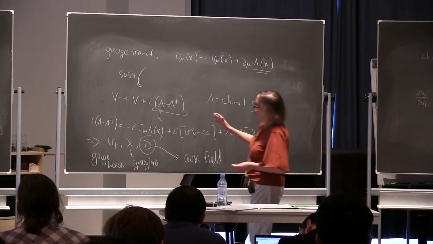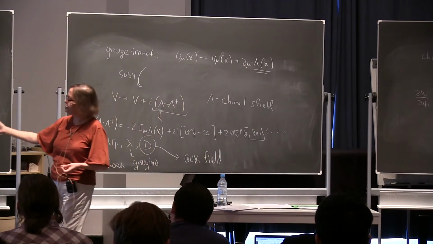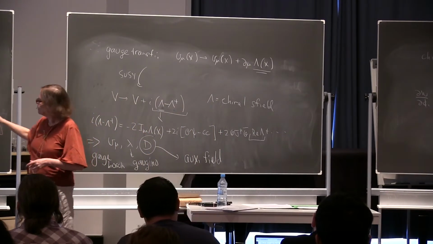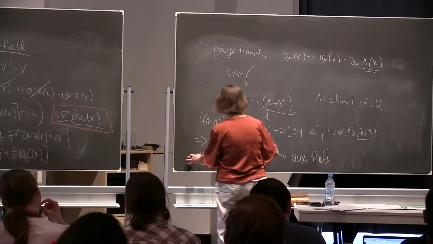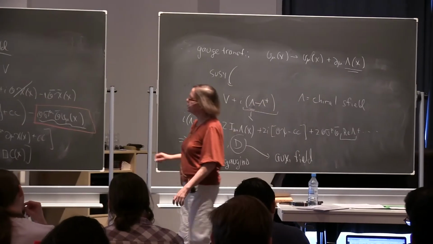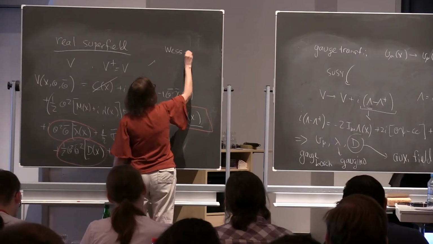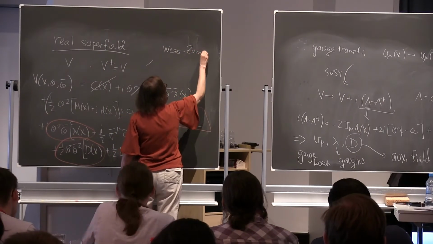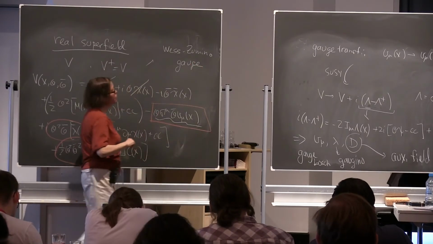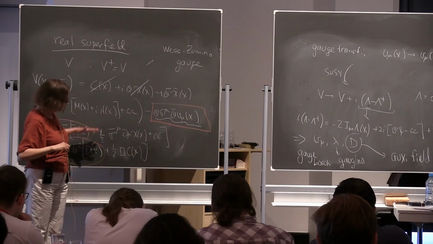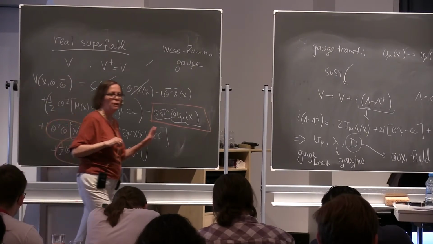So doing this super gauge transformation, we eliminated a lot of the unphysical stuff from the superfield, and if we just keep these guys and get rid of everything else here, this is called Wess-Zumino gauge. So working in Wess-Zumino gauge just means that you keep these physical things in V, which you cannot get rid of.